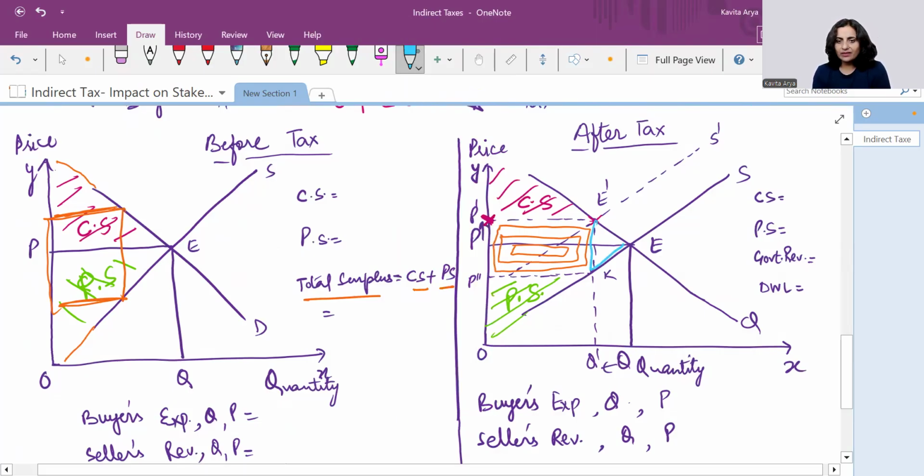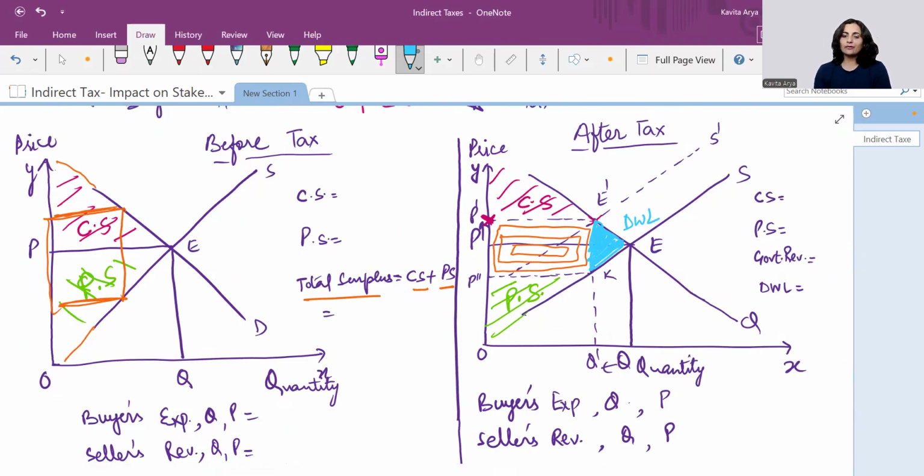This is called the deadweight loss in the society after imposition of tax. This is deadweight loss. That's why we say that as and when government intervenes in the free market, this reduces the efficiency and perfection in the market structure. So if we talk about before and after the taxation, this highlighted area in blue color is the deadweight loss as compared to the previous and new situation.